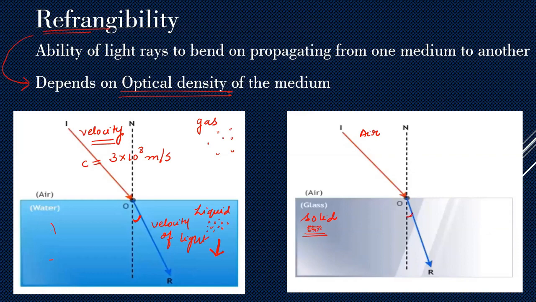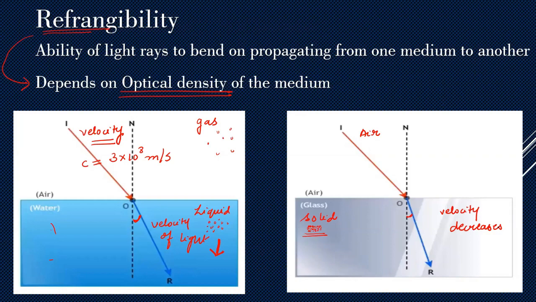That shows us that the bending is more in glass. Again, the velocity of light in glass decreases. Why does it decrease? Because the optical density of the glass or solid is way higher than the optical density of air. Okay, so this is called refrangibility.